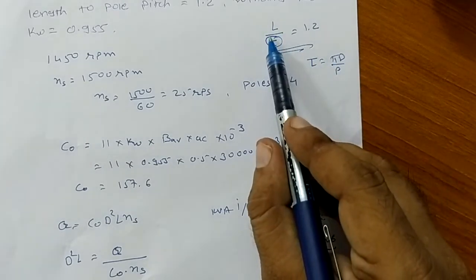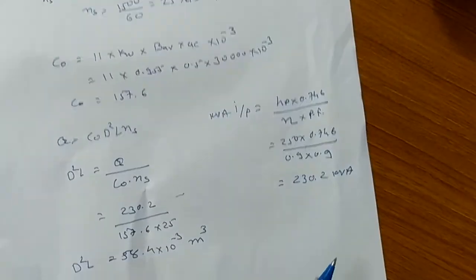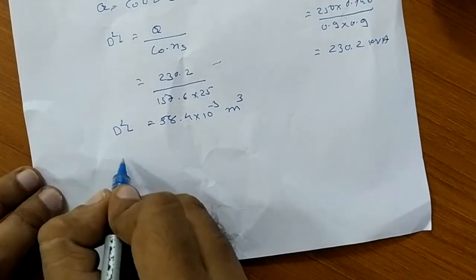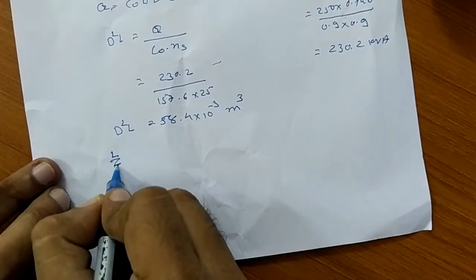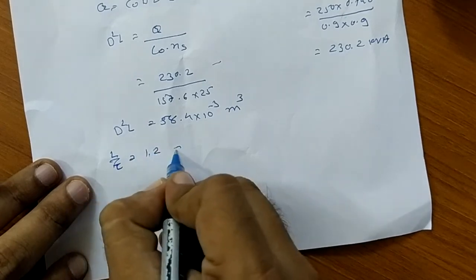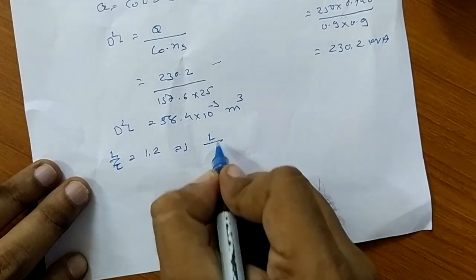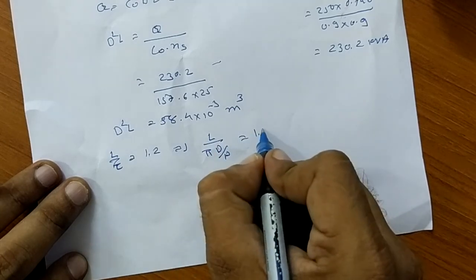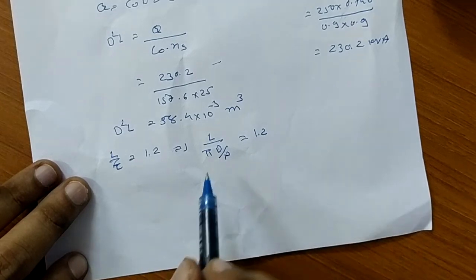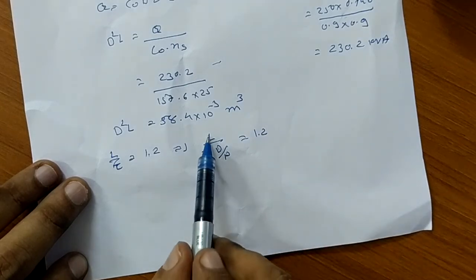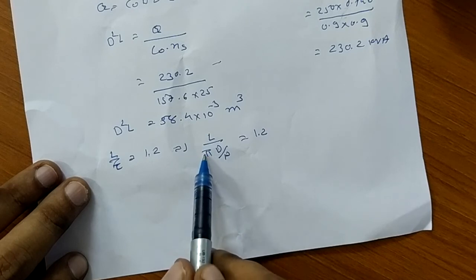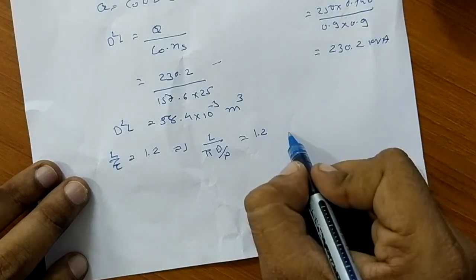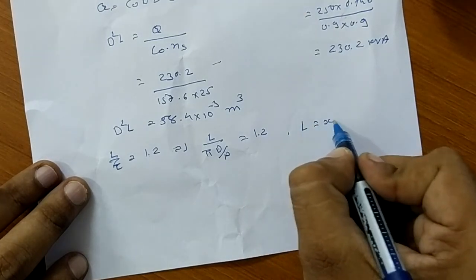If you put this value in this equation, L by tau is 1.2. It means that L divided by pi into D by P is equal to 1.2. In this equation the only unknowns are L and D. So pi 3.14, number of poles 4. You will get some relation like L is equal to X times D.